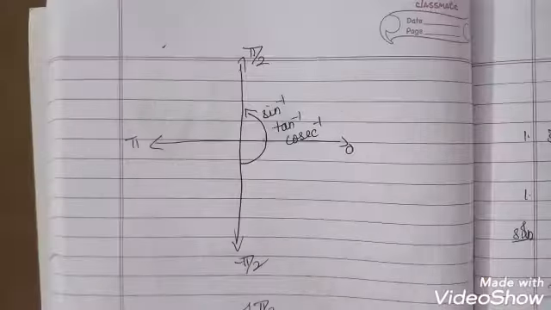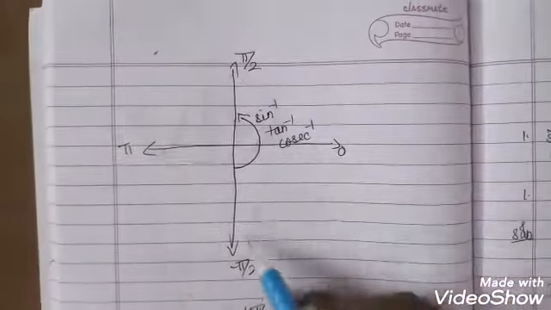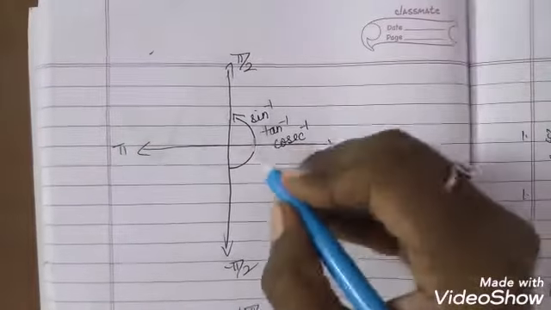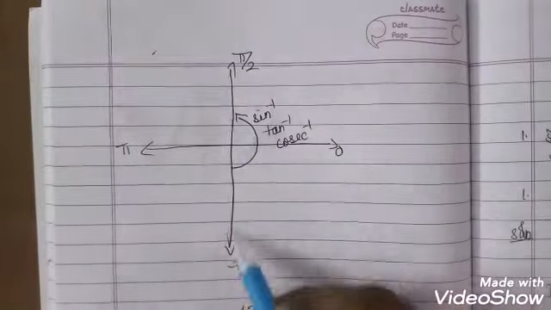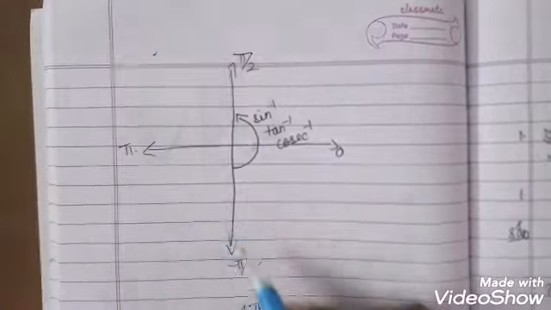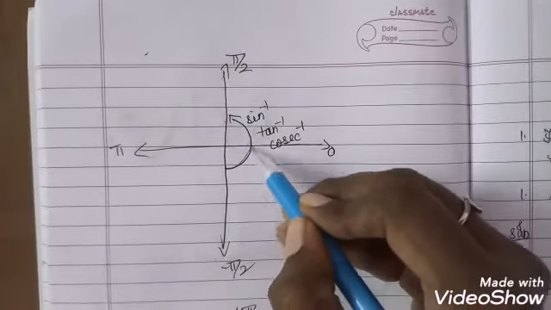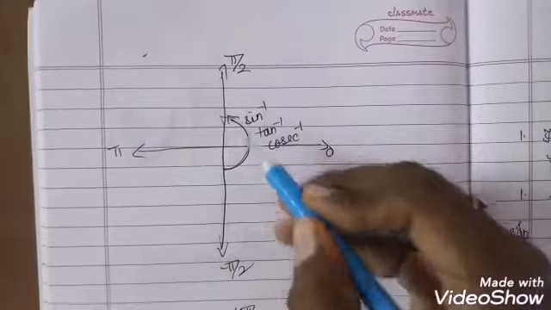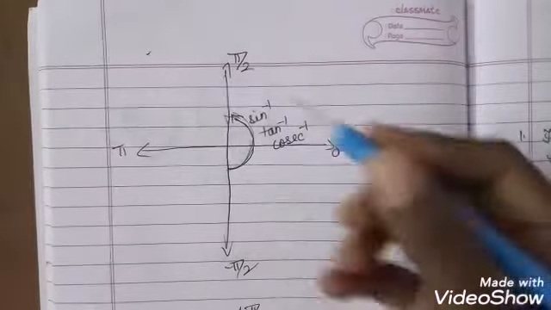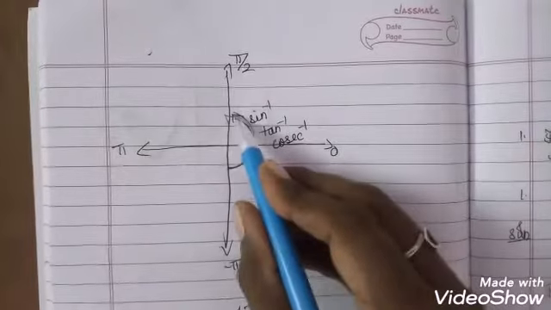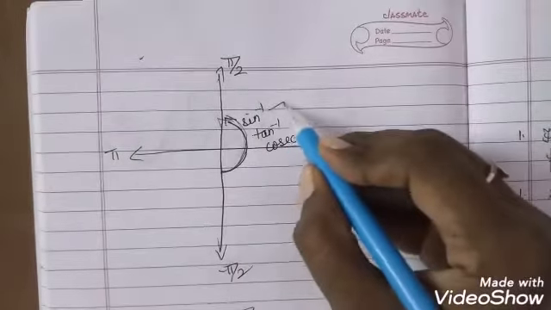So in short, I have summarized this in this diagram here. See here, I have the quadrant with 0, pi by 2, pi, and here you have minus pi by 2. From minus pi by 2, in the anti-clockwise direction only, generally we measure, from minus pi by 2 to pi. So from minus pi by 2 to pi, the range is for which trigonometric functions?